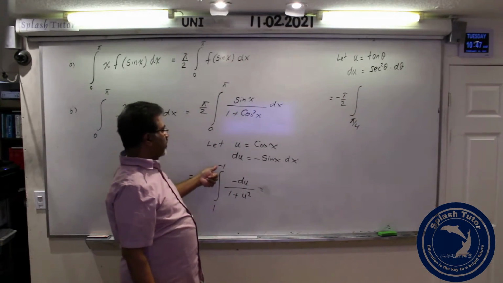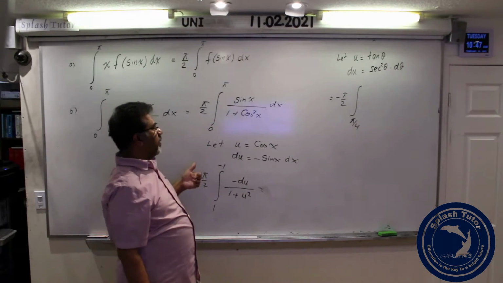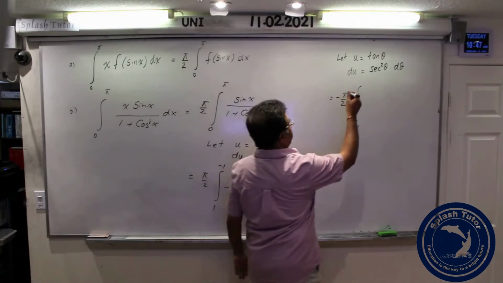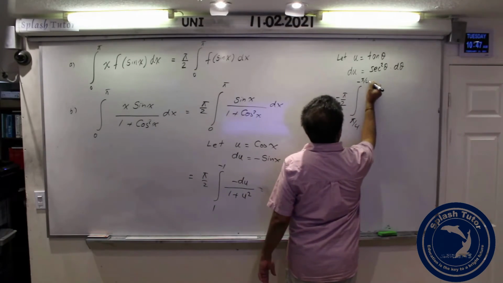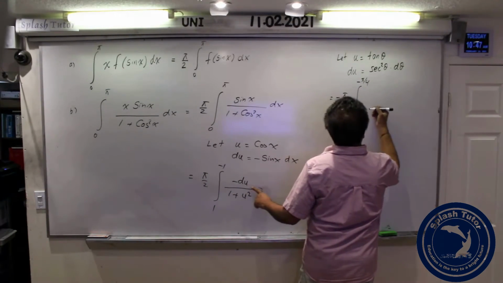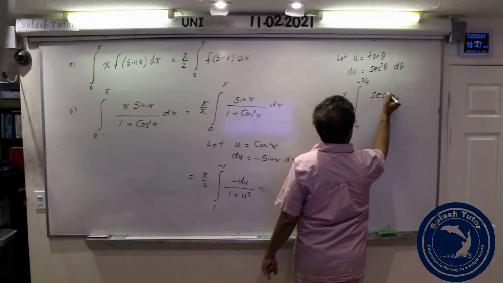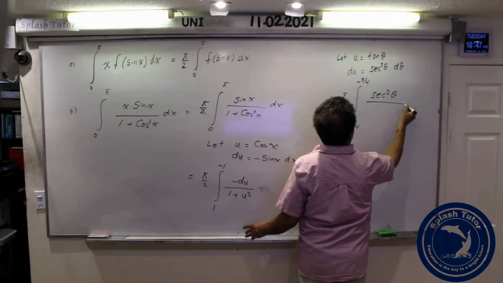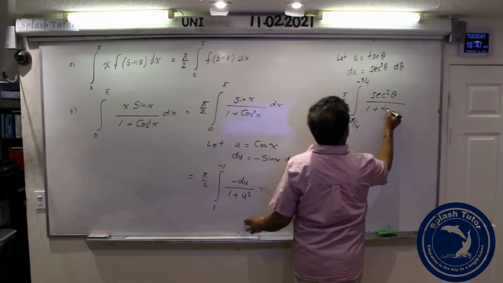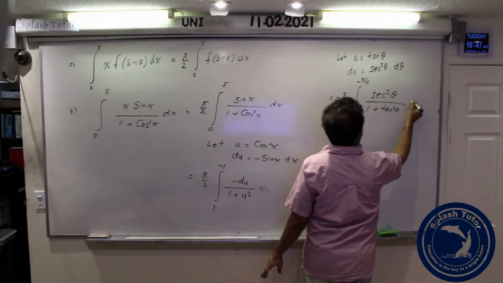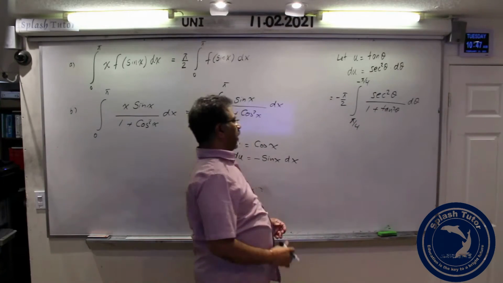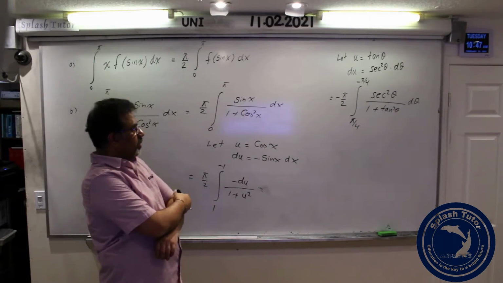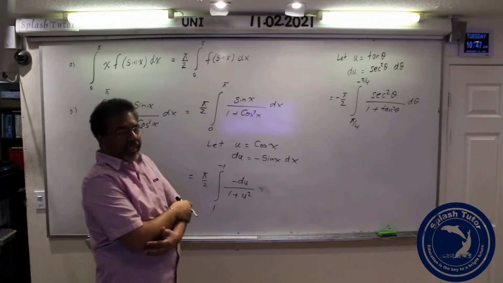And if you put minus 1, we can say minus pi by 4. du is secant squared theta d theta, that is 1 plus tan squared theta d theta. Now 1 plus tan squared theta is equal to secant squared theta.